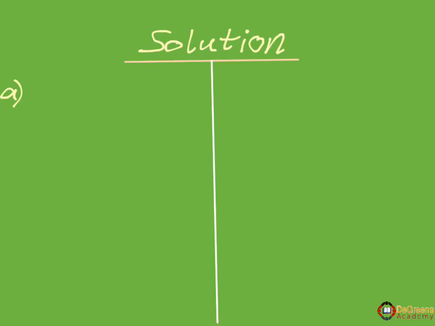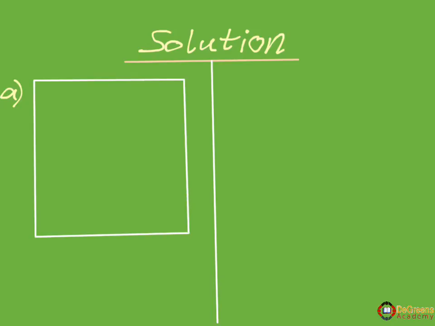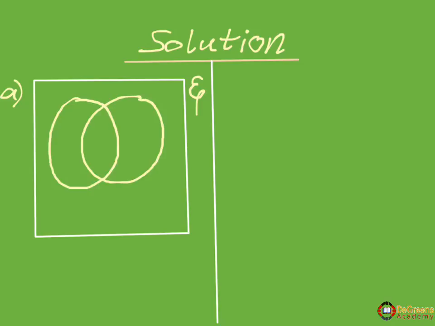A, we are asked to illustrate the information on a Venn diagram, and a Venn diagram we represent using a rectangle. So we draw a rectangle, and we have 3 intersecting sets.